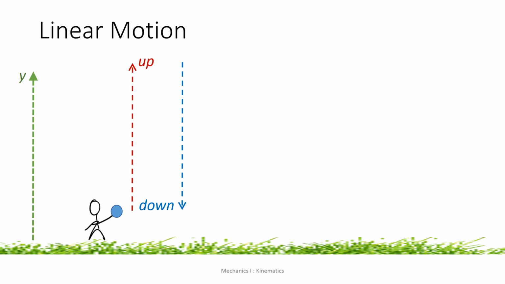So the first difference will be the value of a for vertical motion. The value of a for vertical motion, we assume that it is uniform and is always equal to 9.81 meter per second square. So that's the first difference. The second lies in the sign convention for this a.